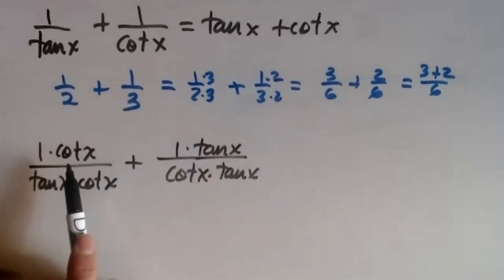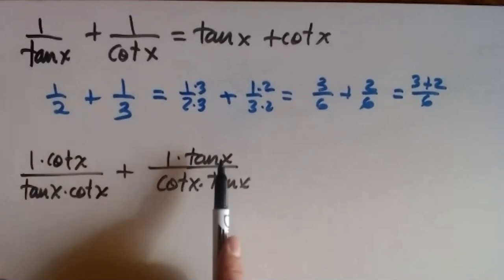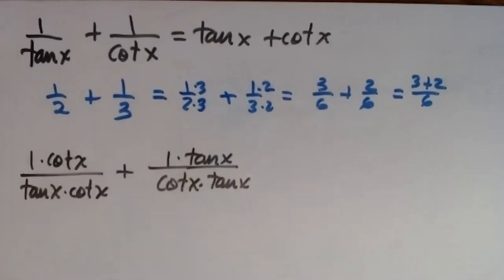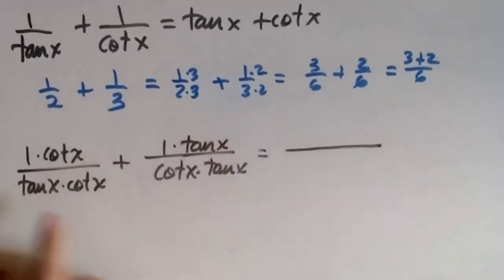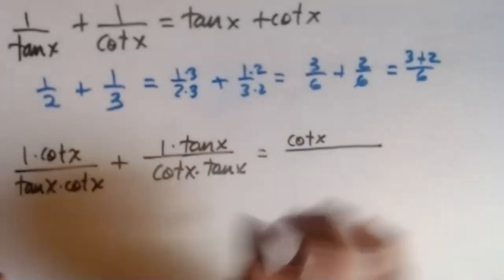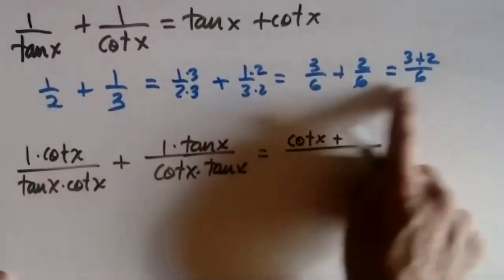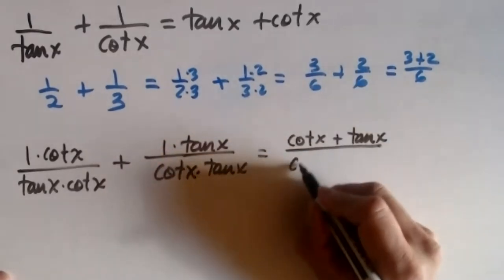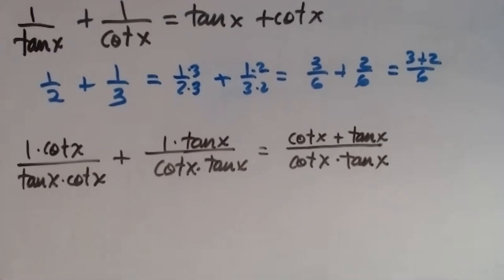I multiply the first fraction by cotangent, and I multiply the second fraction by tangent. Now cotangent times 1 is cotangent, and tangent times 1 is tangent, so I have cotangent plus tangent, over cotangent x times tangent x, right?